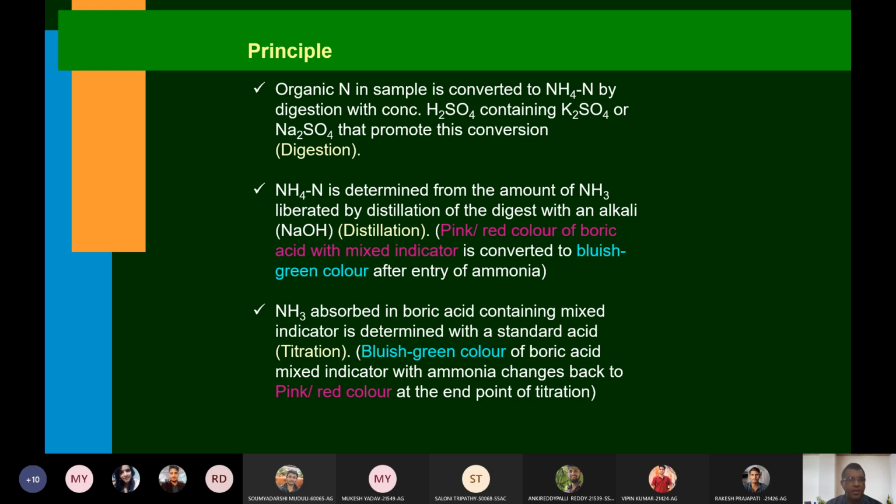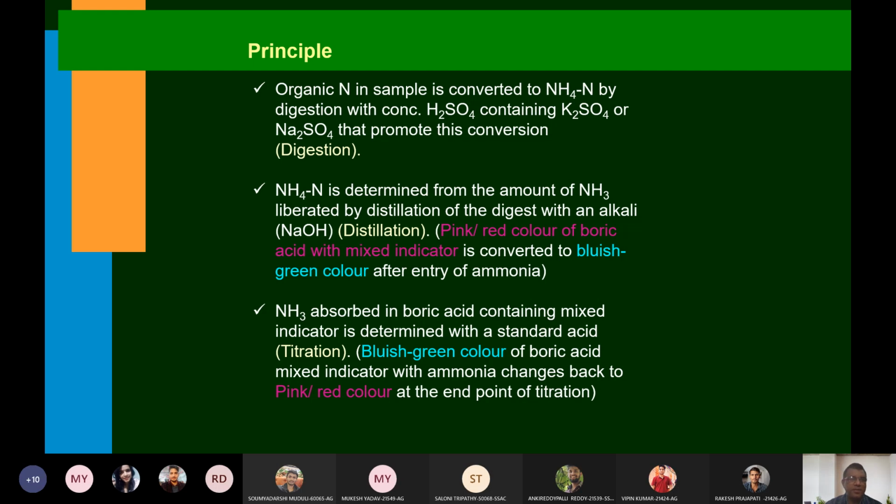Now you will distil, converting ammonium sulfate into NH3, and then absorb it in boric acid. The ammonia absorbed in boric acid containing mixed indicator is determined with a standard acid. That is the titration part: boric acid with mixed indicator and ammonia changes back to pink or red color at the end point of titration.